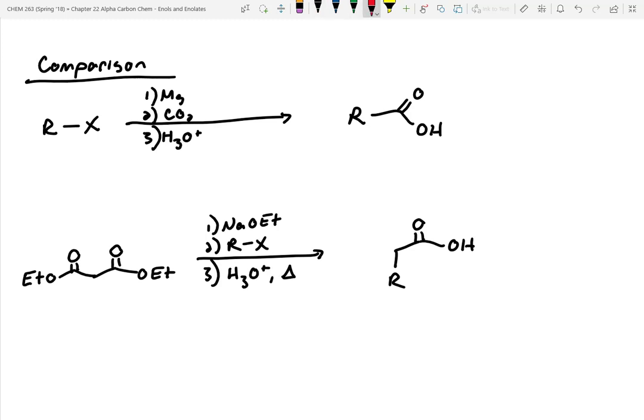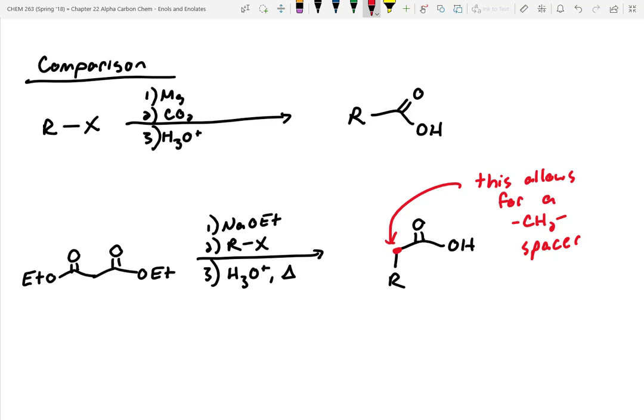The main difference here is with this one, you have that CH2 spacer. Does that make sense? So it's kind of building off of chemistry we've previously seen.